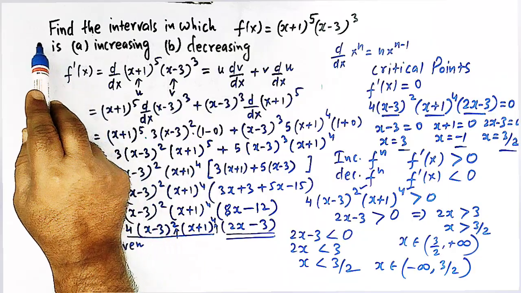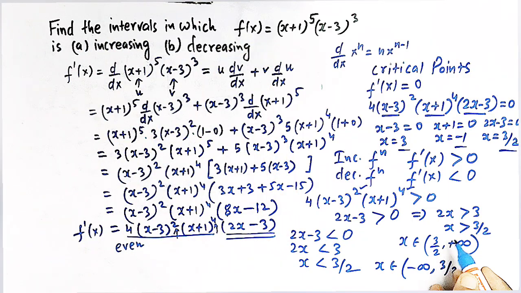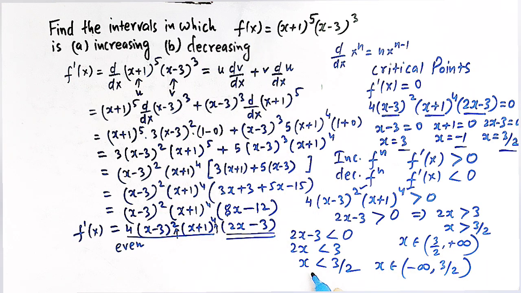So viewers, here the function f(x) is increasing for all x greater than 3/2, that is when x belongs to this interval (3/2, +∞), and this function is decreasing when x is less than 3/2, that is x belonging to the interval (-∞, 3/2).